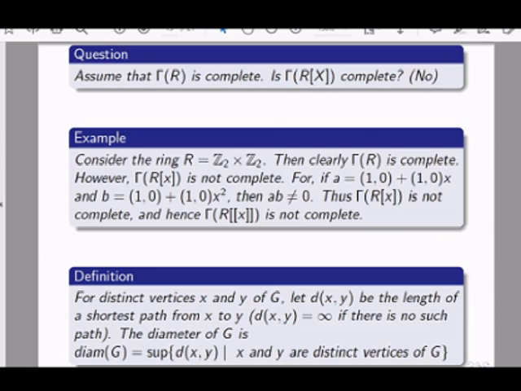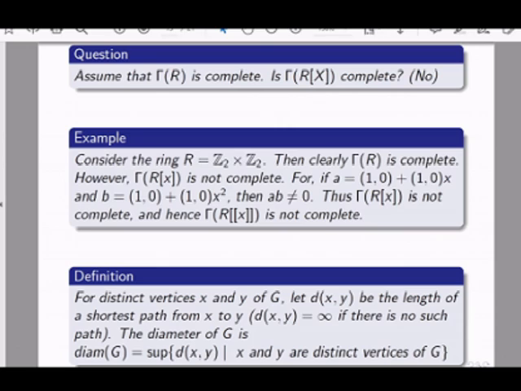Is it complete? The answer is no. So you could have a ring R where the zero divisor graph is complete, but the zero divisor graph of the polynomial ring is not complete. And here is the example. You take the ring Z2 cross Z2. Then definitely the zero divisor graph of this ring consists of how many? Two vertices. So the zero divisor graph will be K_2, right?